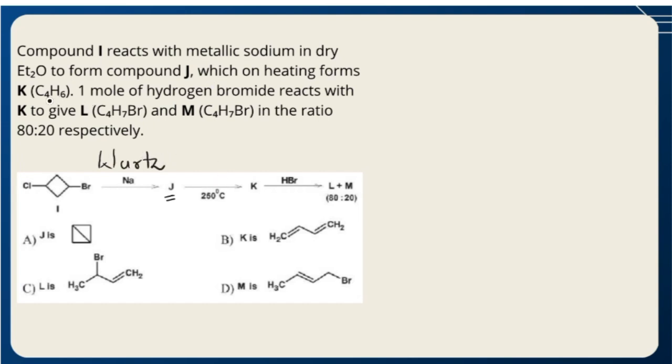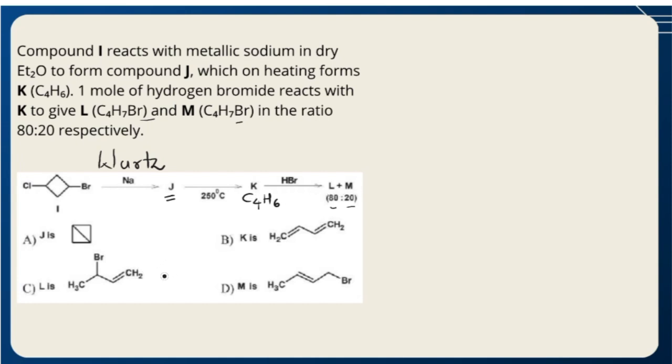On heating forms K with the molecular formula C4H6. 1 mole of hydrogen bromide reacts with K to give two compounds L and M, and they have the same molecular formula, but their quantity is different. One is a major product, the other one is a minor product. Then, what are the structures of J, K, L, and M?